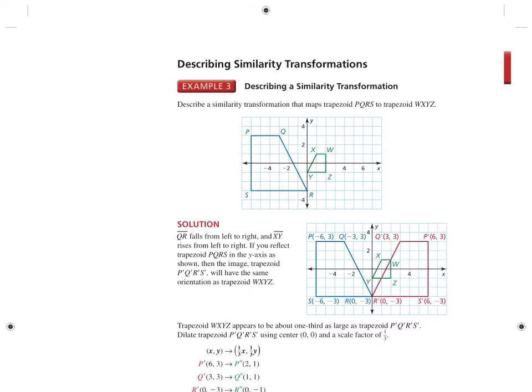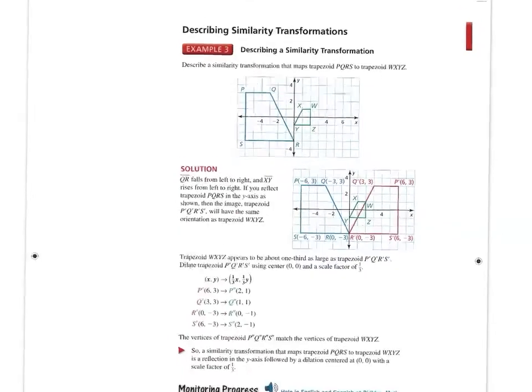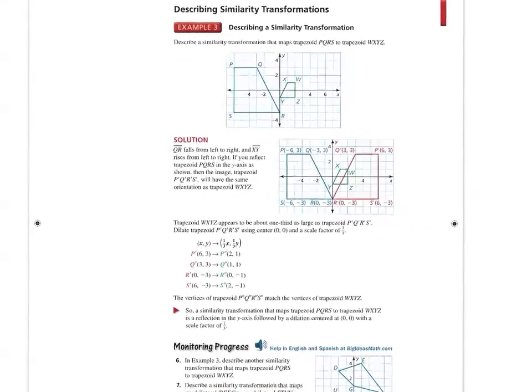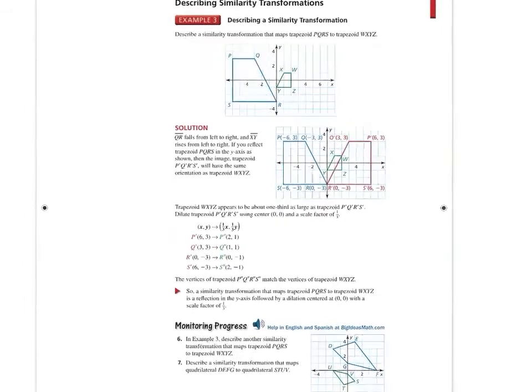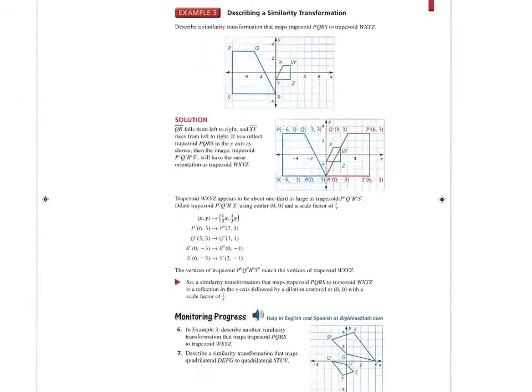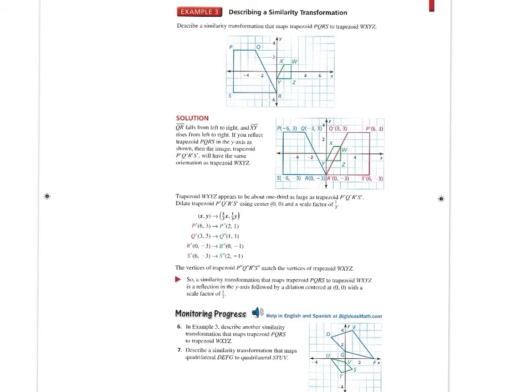All right, so when we're describing similarity transformations, example number 3, describe a similarity transformation that maps trapezoid PQRS to trapezoid WXYZ. Okay, so when we're comparing trapezoid PQRS to trapezoid WXYZ, it looks like they do not have the same orientation.